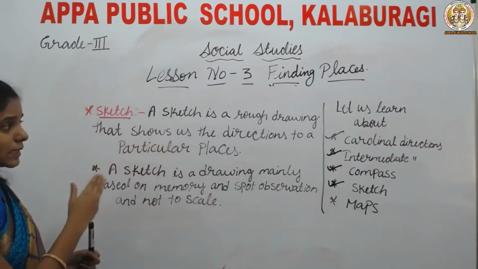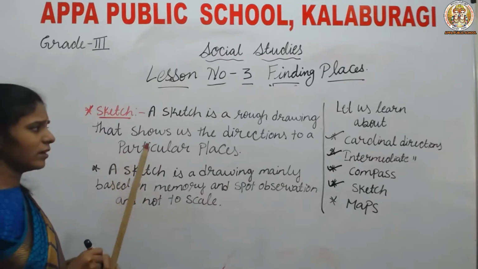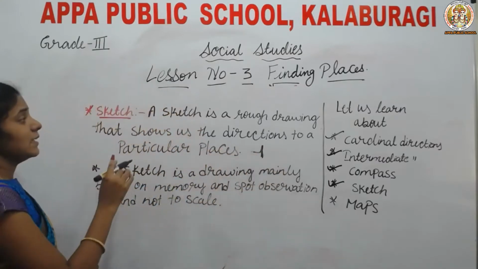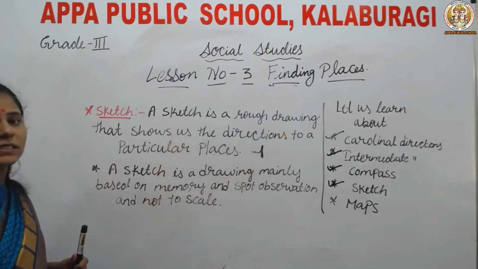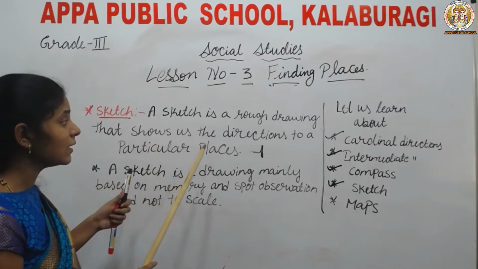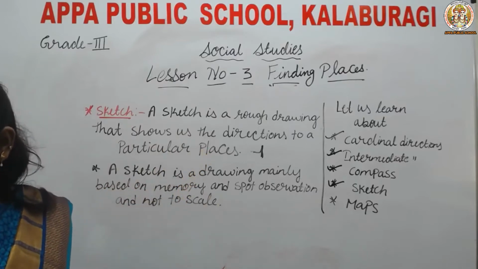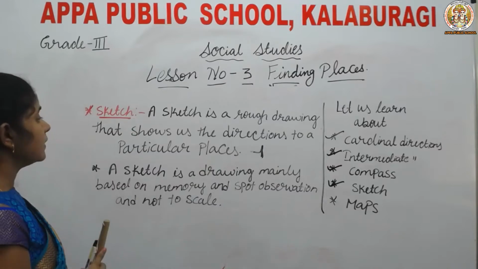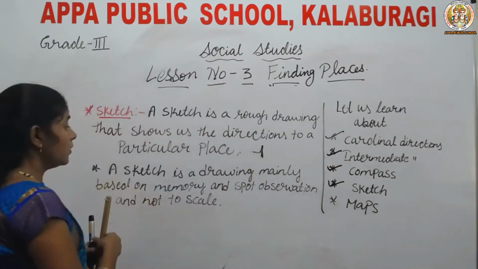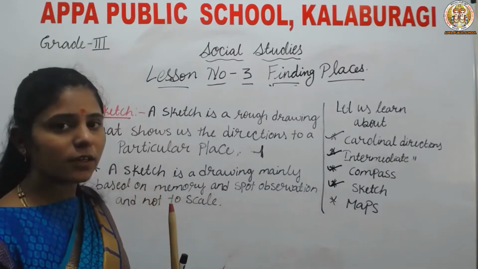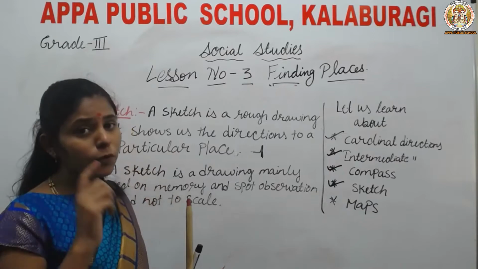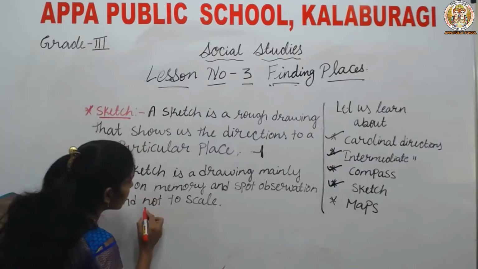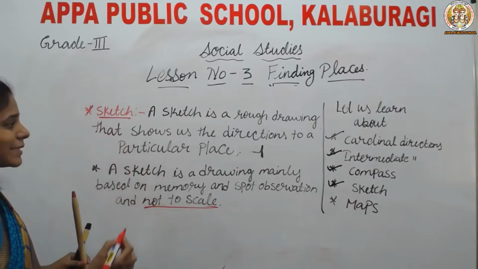What do you mean by sketch? A sketch is a rough drawing. You say rough drawing. First you go straight, then afterwards right, left. We'll say roughly. A sketch is a rough drawing that shows us the direction to particular places. A sketch is a drawing mainly based on memory and spot observation. Here, this is the important point, we are not using the scale. We'll say roughly.